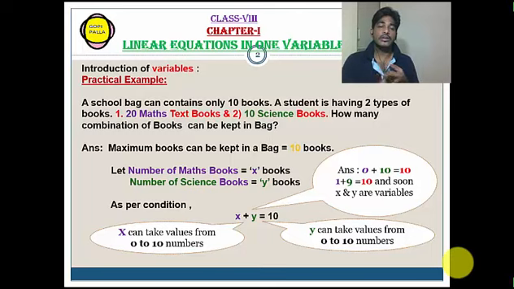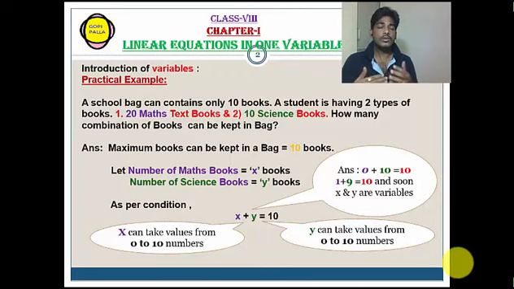Here x and y are our variables, which can take different values in order to fulfill our problem's objective of a maximum of 10 books in a bag. That is the importance of the variables x and y in defining a problem.